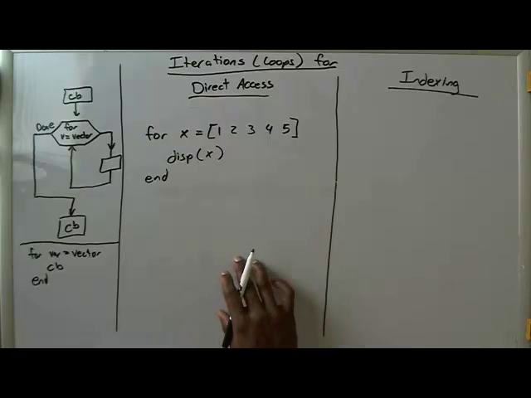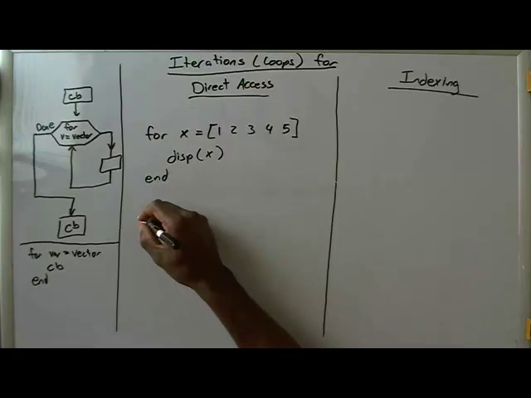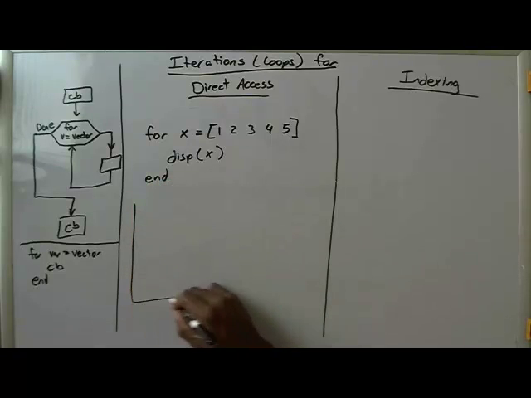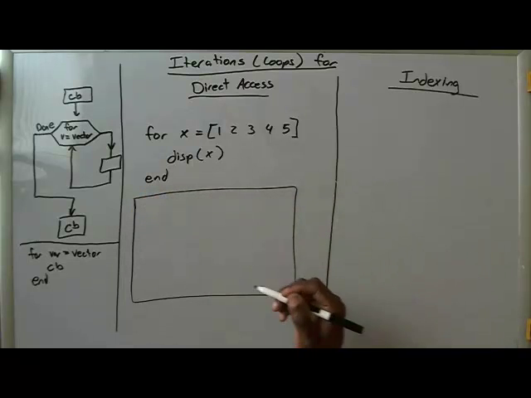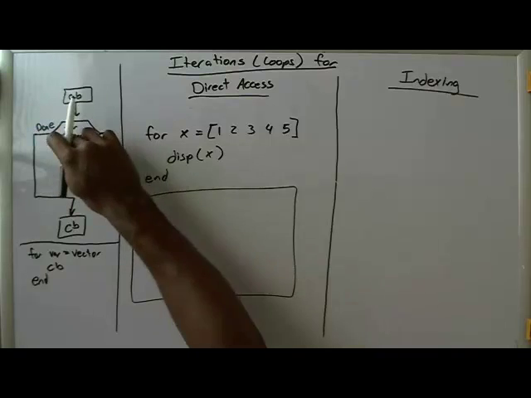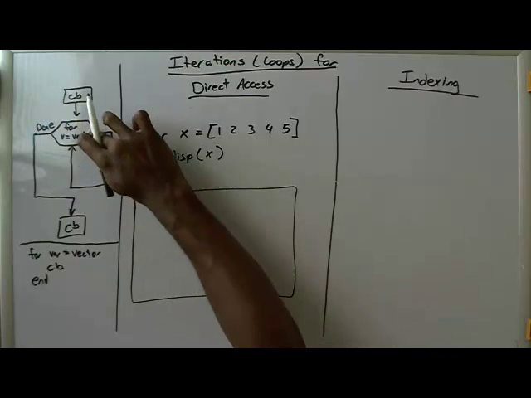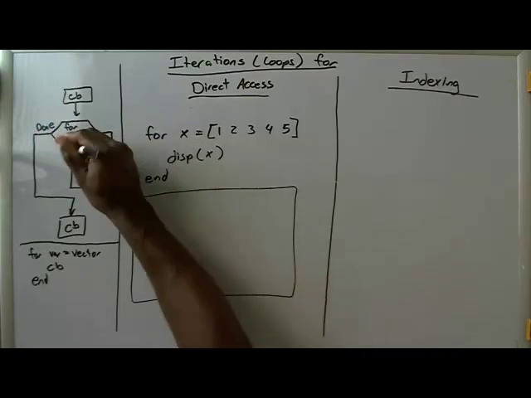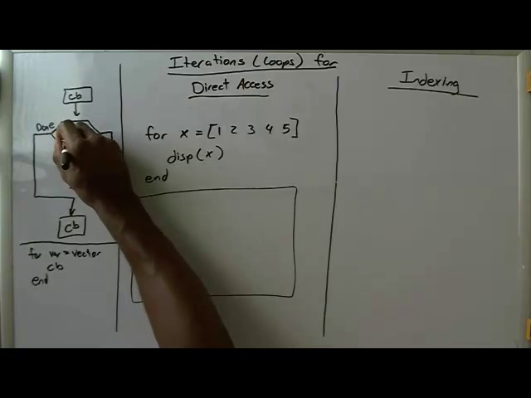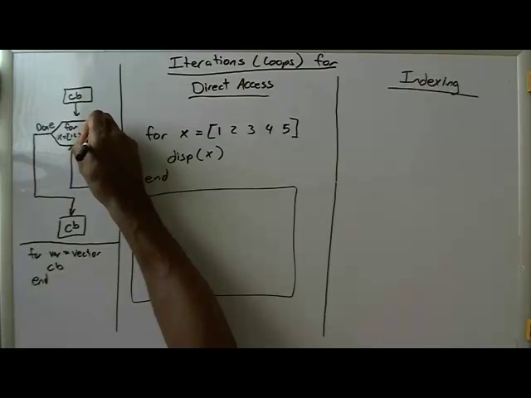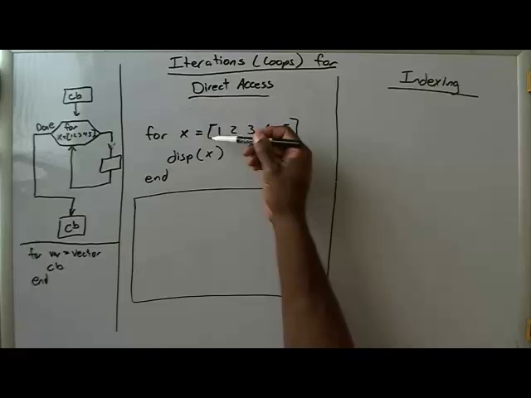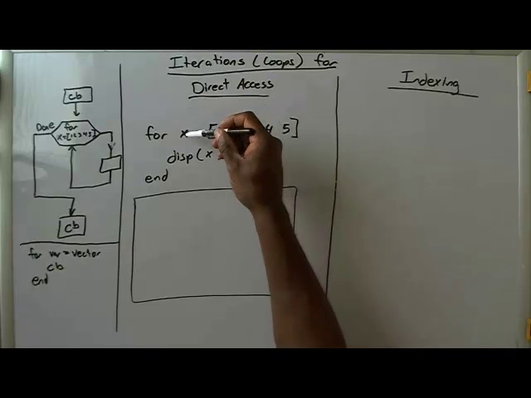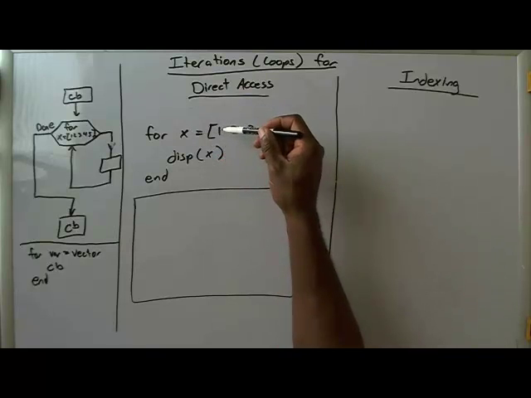Now, what happens when I execute this? Let's take a look down in the command window and see what's happening. Also, let's go over here to our block diagram and see what happens over there. I've got for, and I've got variable x equals the vector 1, 2, 3, 4, 5. Now, when I come through and hit this for loop, x equals the first value, so x equals 1.